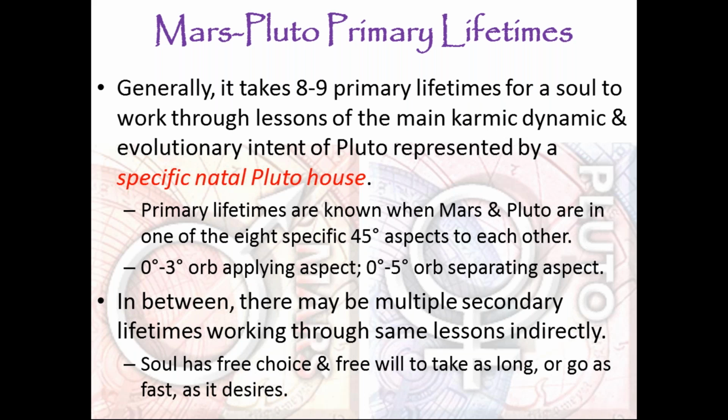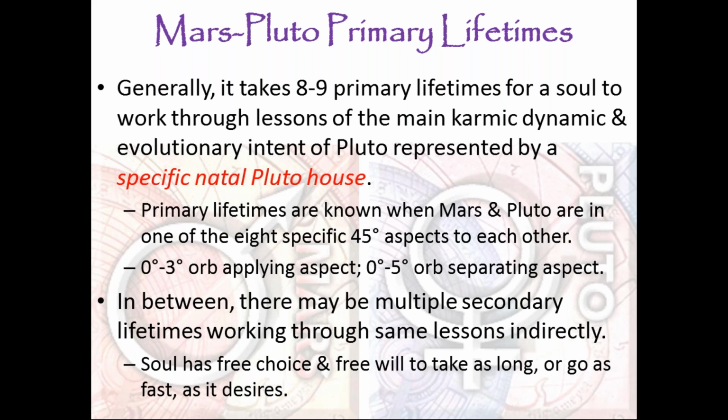And after the aspect, separating, I use 0 to 5 degree orb. Now, that doesn't mean those are the only lifetimes. There can be multiple secondary lifetimes working through the same lessons, although it won't be quite as intense. It'll be a little slower or more indirectly.